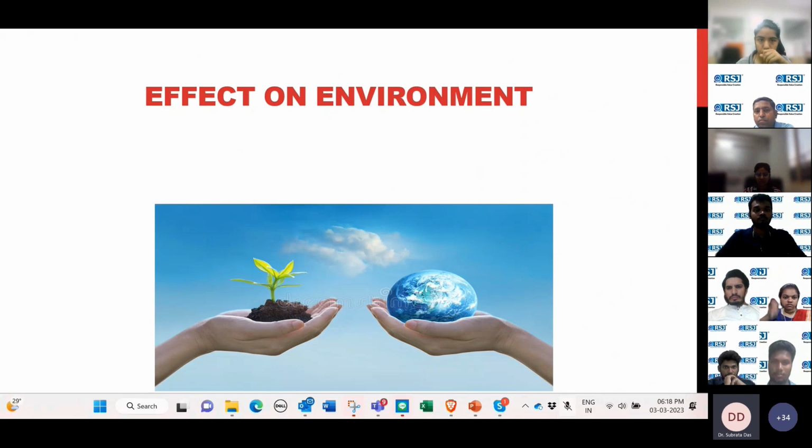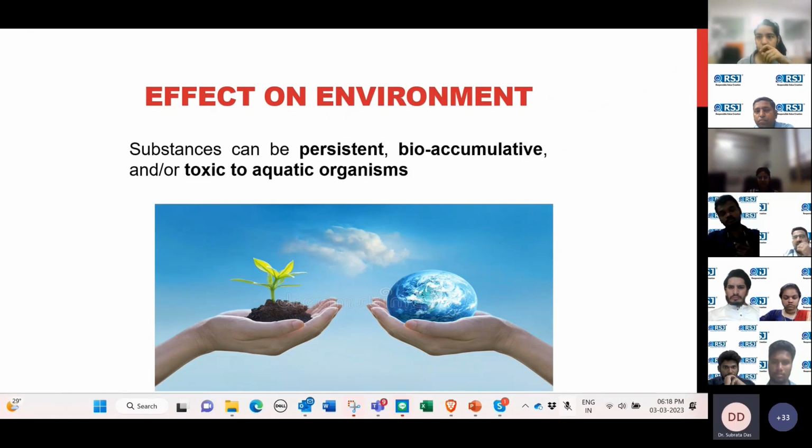Now, coming back to the environment, why are these substances harmful to the environment? Because once they enter the environment, they become persistent. Suppose we are wearing a t-shirt with plastisol prints which contains phthalate. After several uses, we throw it out in the landfill, and it will not go away as such.